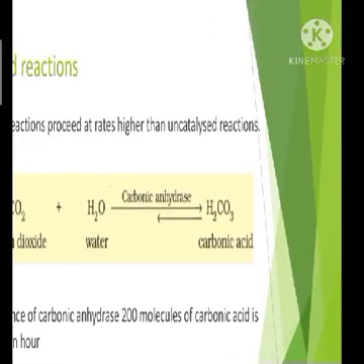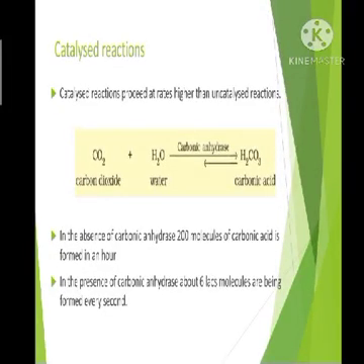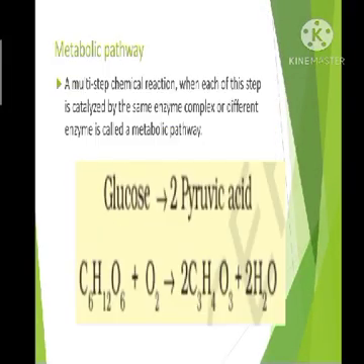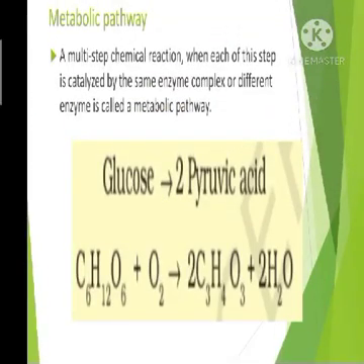Now, there are thousands of types of reactions that take place inside our cell, isn't it? Some reactions have a single step, but many reactions are multi-step reactions. Now, what is a metabolic pathway?